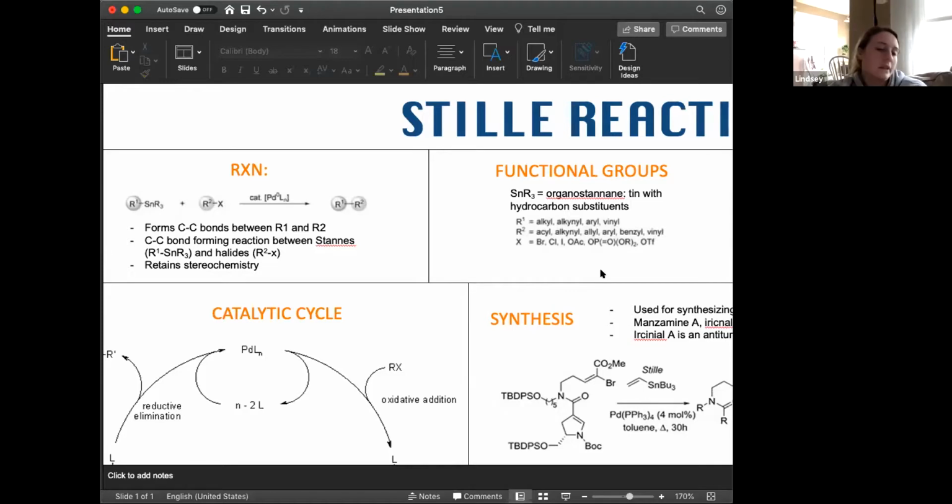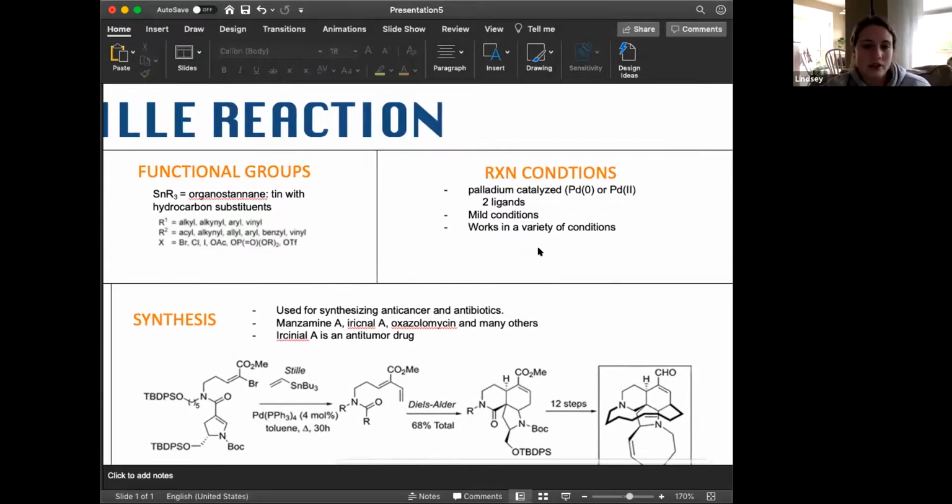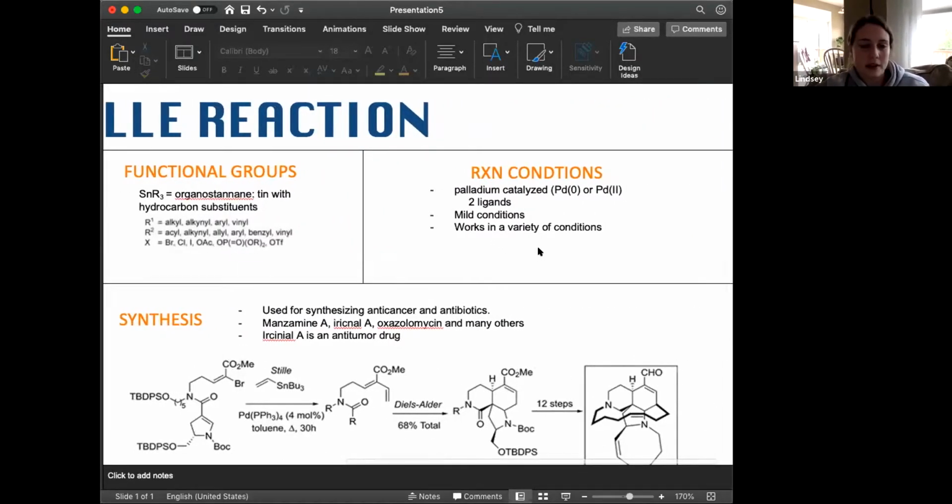And SnR3 is an organostannane, which is basically tin with hydrocarbon substituents. The reaction is palladium catalyzed, generally Pd(0), usually with two ligands. It's so widely used because it pretty much works in any condition. It doesn't need anything really besides the palladium catalyst.